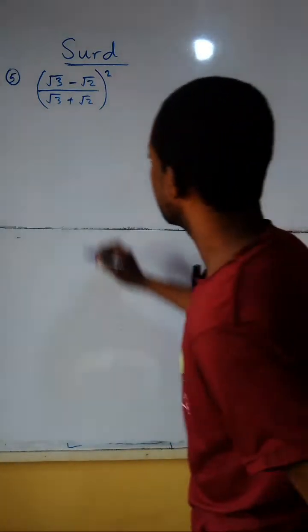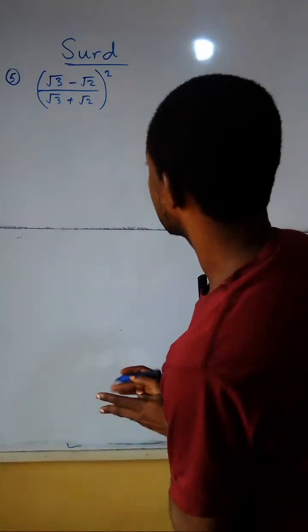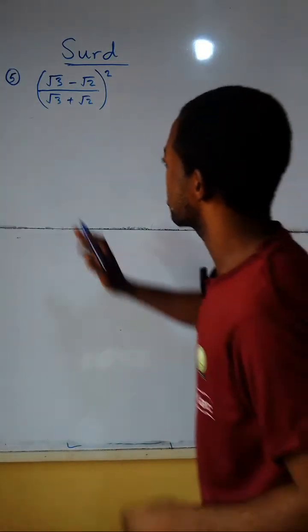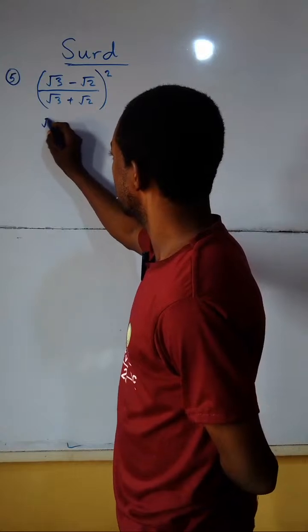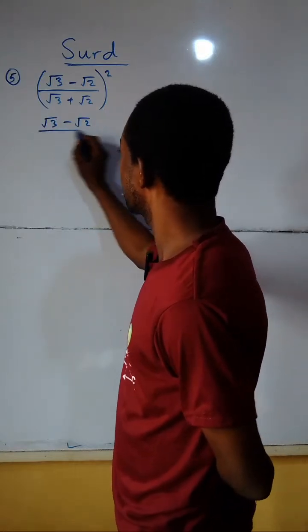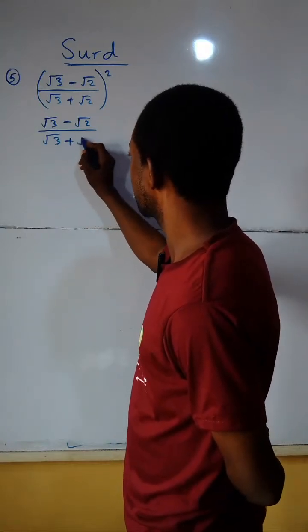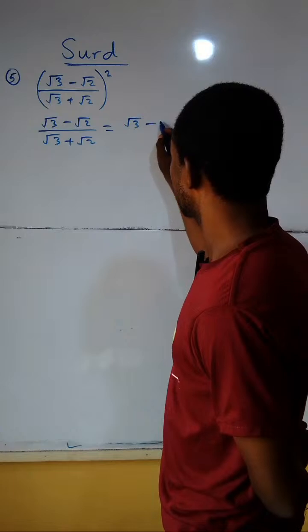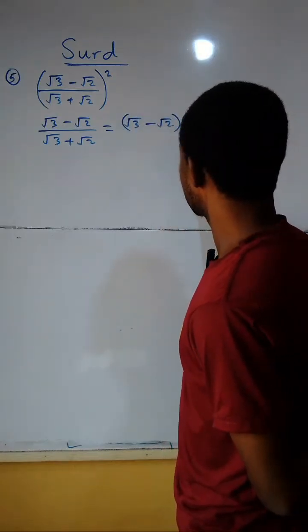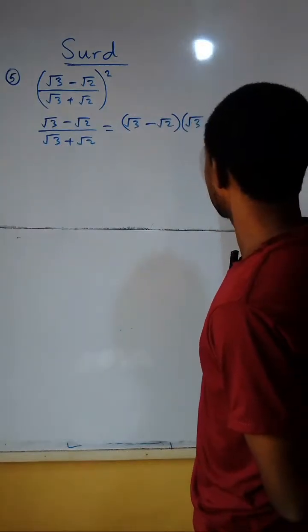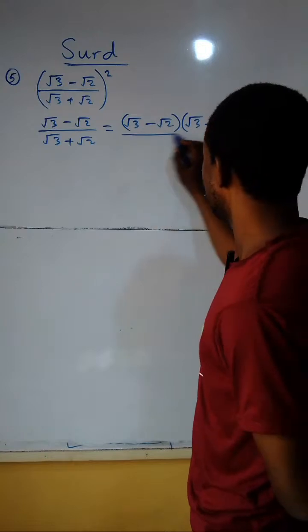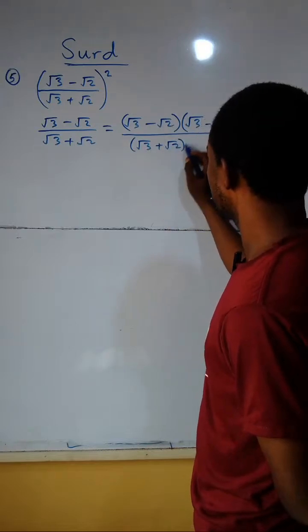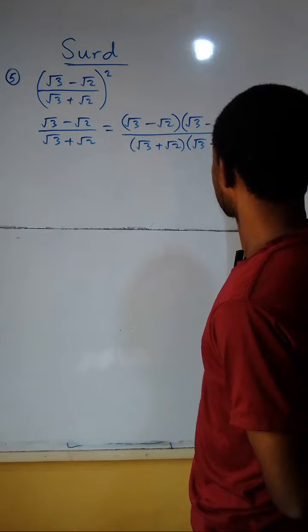Now, when we have this, we can handle what we have in the bracket first, then we square it. Since you know that square means when things multiply itself, that's square. So when we handle this first, we have root 3 minus root 2 over root 3 plus root 2. And here, when we rationalize, this equals root 3 minus root 2 multiplied by the conjugate surd of the denominator, that's root 3 minus root 2, then divided by, also here we multiply by the conjugate, that's root 3 plus root 2, now multiplied by root 3 minus root 2.